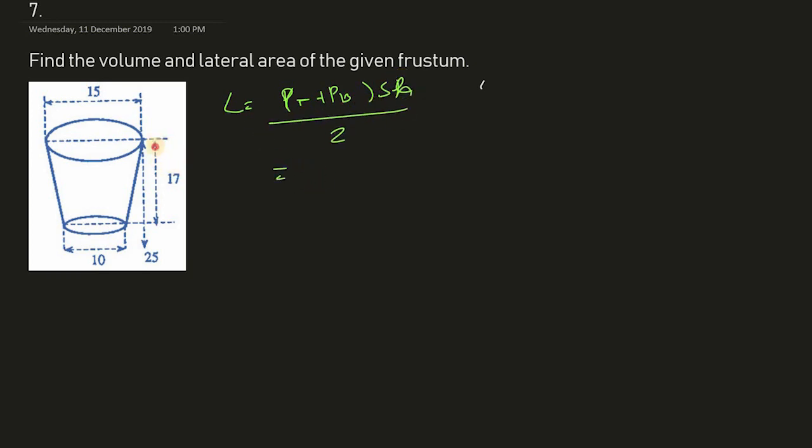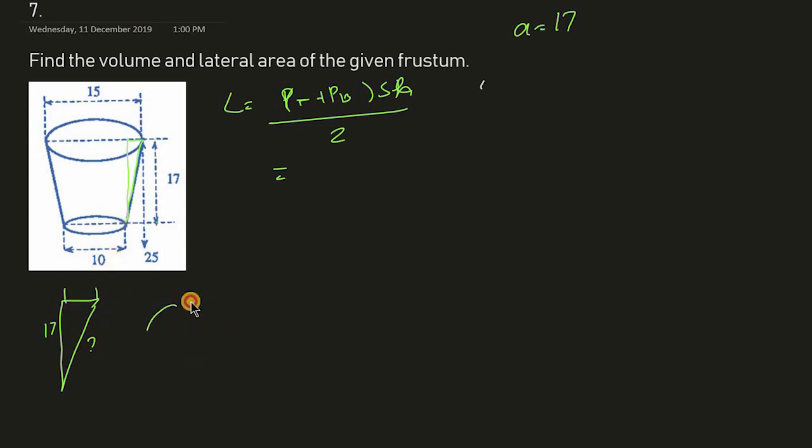Yung given lang sa atin, guys, is this part to this part. That's altitude. Altitude is equal to 17. Pero hindi given sa atin yung slant height. So, para makuha yan, I will form a right triangle. Ito, 17 yan, guys. Ito yung slant height, pero di ko pa alam to.